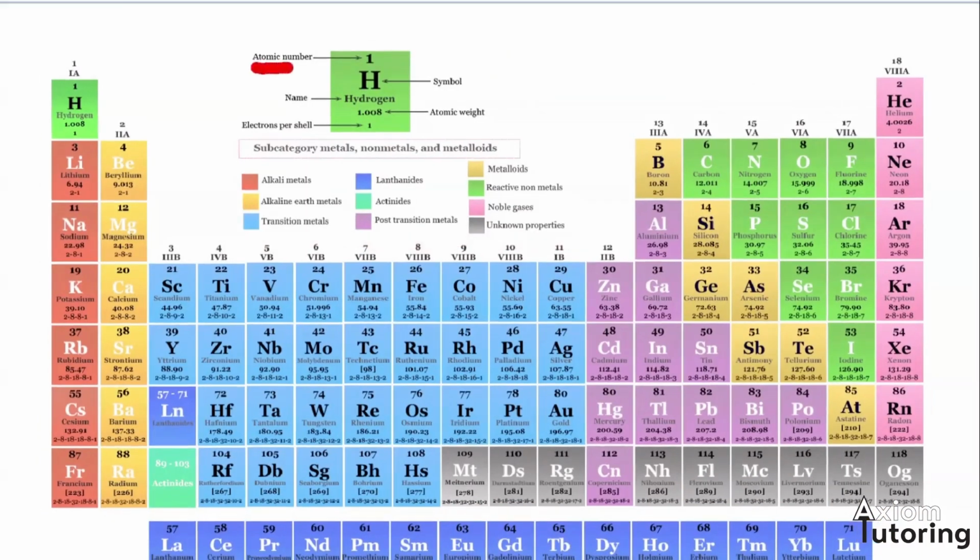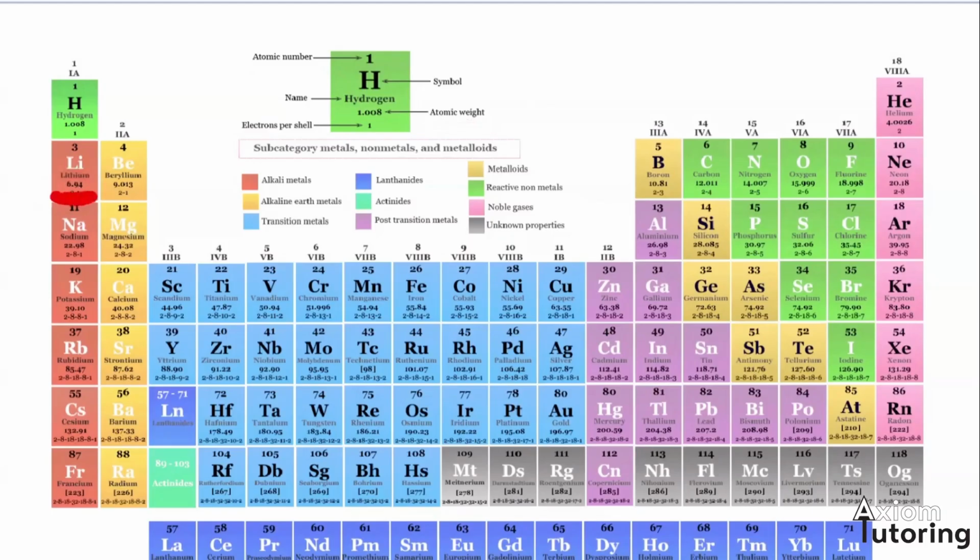If we look at the atomic number for the atom that I've drawn, we can see that I've actually drawn a lithium atom because lithium has 3 protons. You might have noticed that the atomic weight for lithium is 6.94.